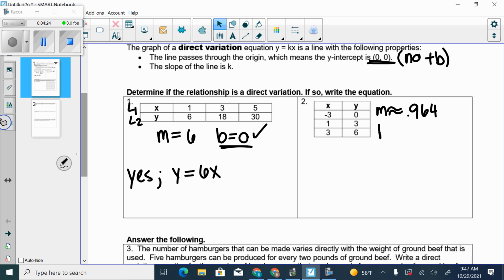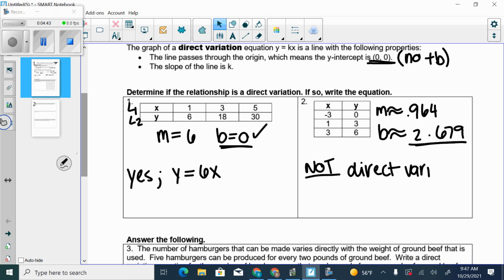And our b was approximately 2.679. Because this was not 0, this is not showing direct variation. So if you get anything besides 0 for your b, it is not direct variation.